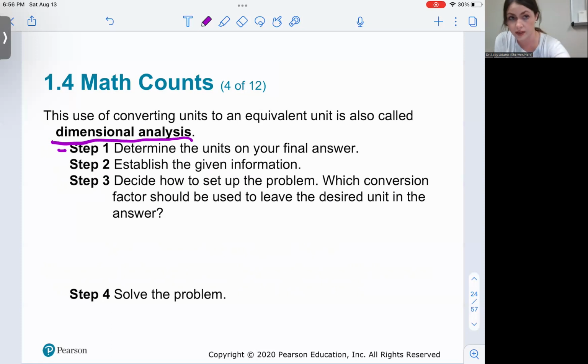Think of this as like Google Maps. You're trying to find directions to the concert. Right now, you are at home. So where do you want to go? Where are you going? Then, second, establish the given information. So what do I have?